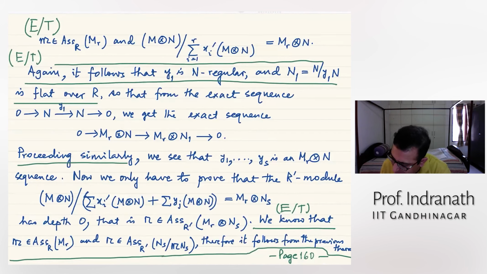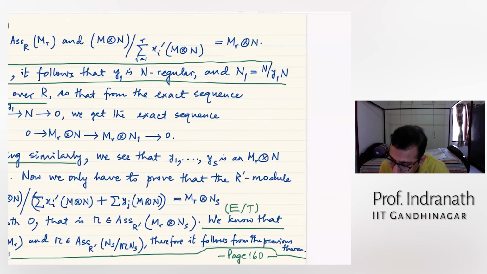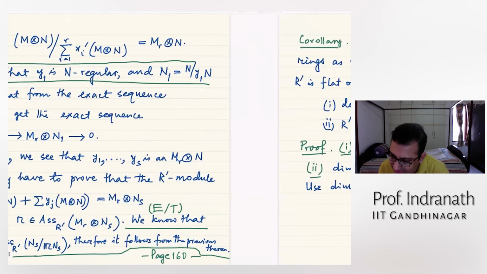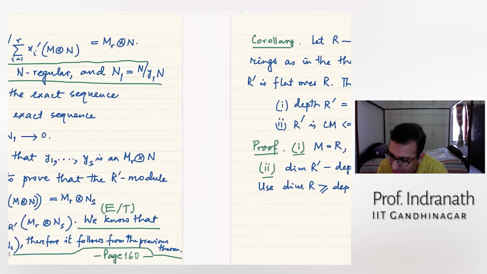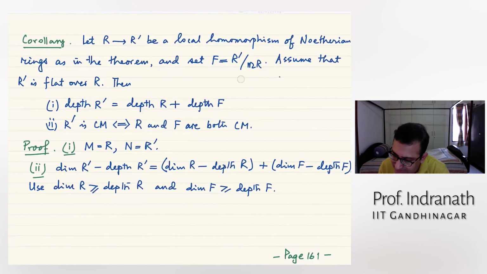And then very important corollaries of the depth equality: if you have a local homomorphism of Noetherian local rings, with fiber ring here, and if you have flatness, then the depth is straight away additive. And if you have Cohen-Macaulay, r dash is Cohen-Macaulay if and only if r and f are both Cohen-Macaulay.